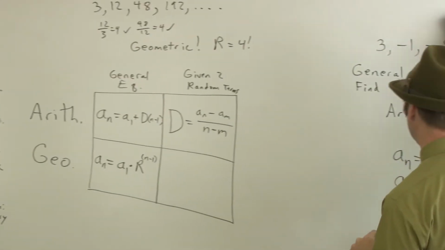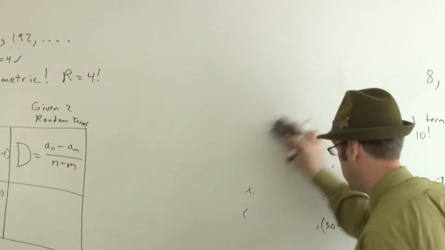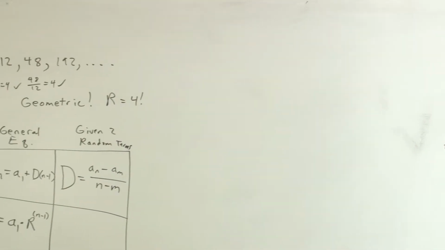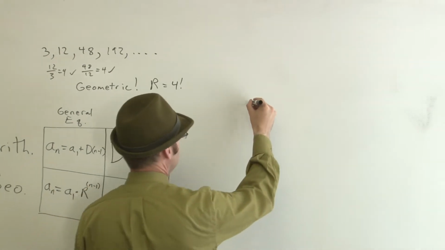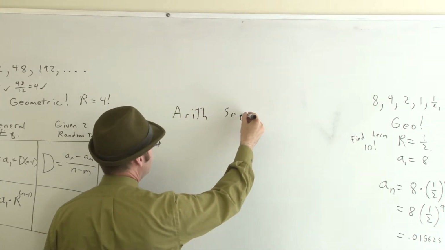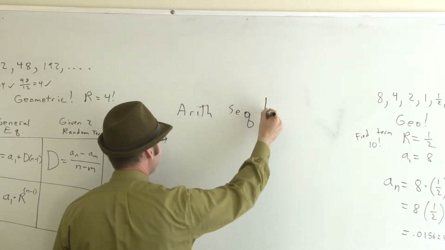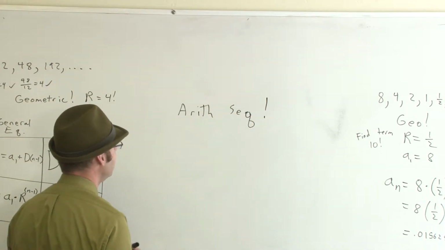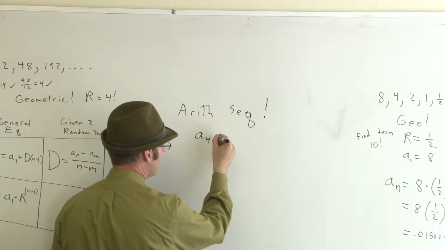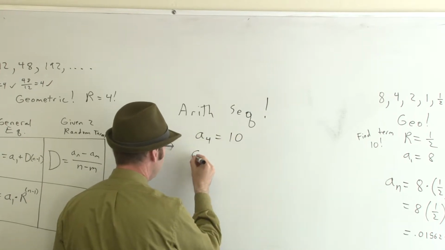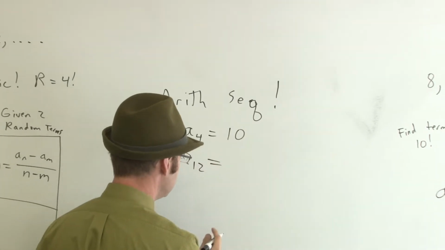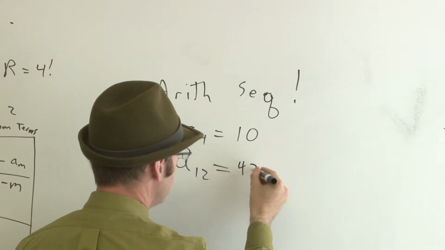So, for example, if I got an arithmetic sequence, and I know that my 4th term is 10, and my 12th term is 42.